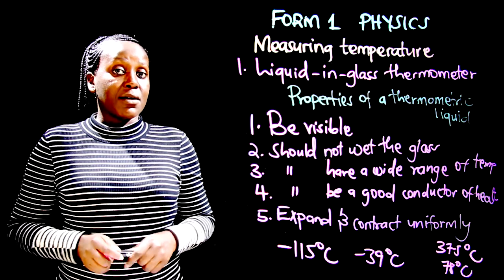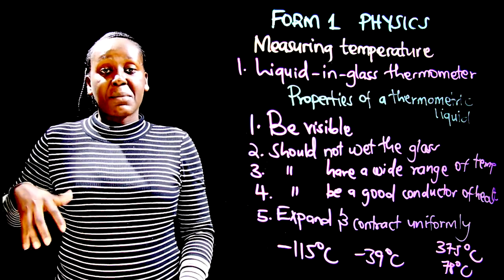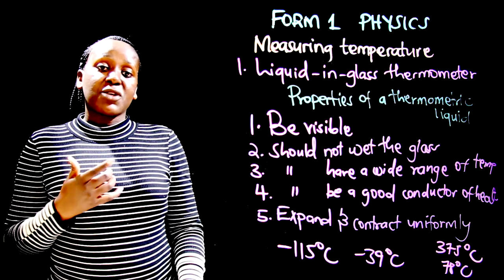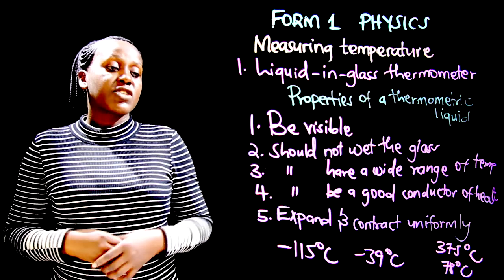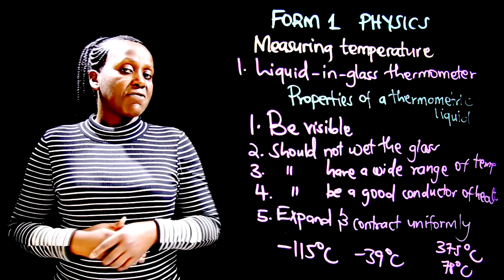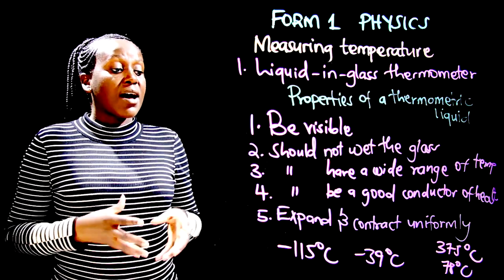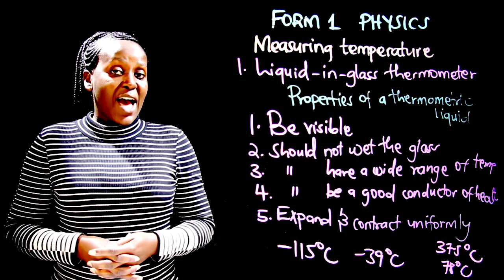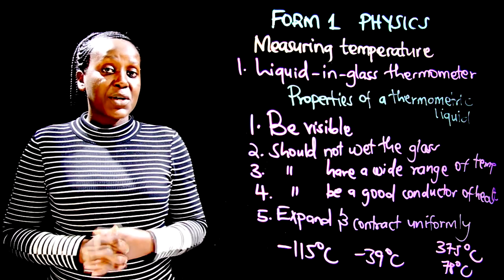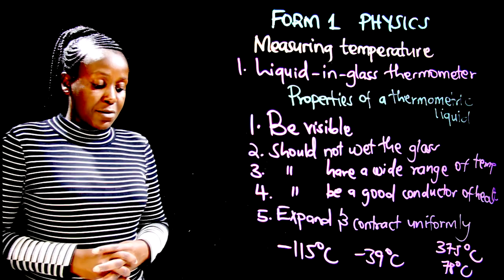Alcohol is used when determining very low temperatures, and mercury is used when determining high temperatures. So this is the advantage of alcohol against mercury. Another reason is that alcohol is also cheaply available as compared to mercury, which is very expensive.